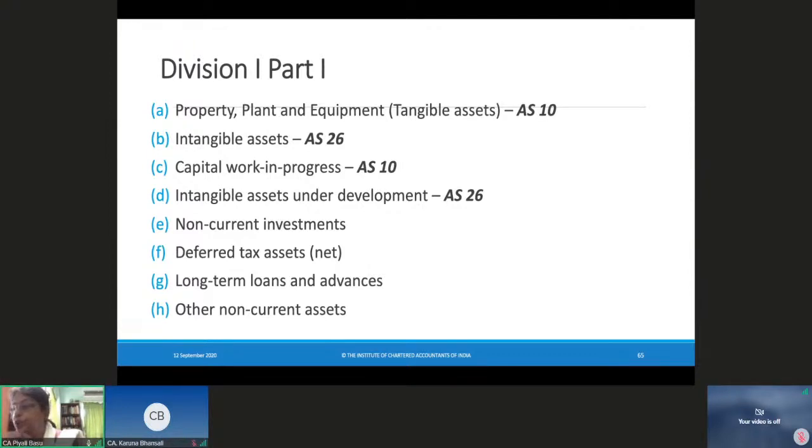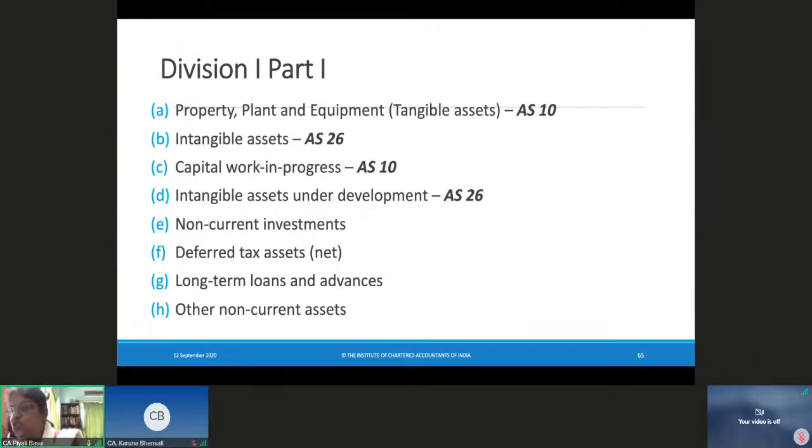If any property, plant and equipment is sold, because it's not an operating activity. Let's take the example of the sale of property, plant and equipment. Sale is not the operating activity of a company, right?